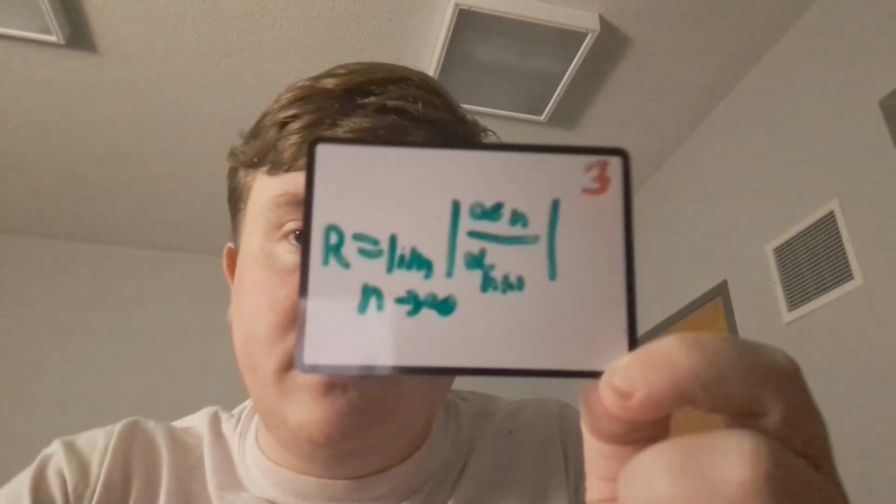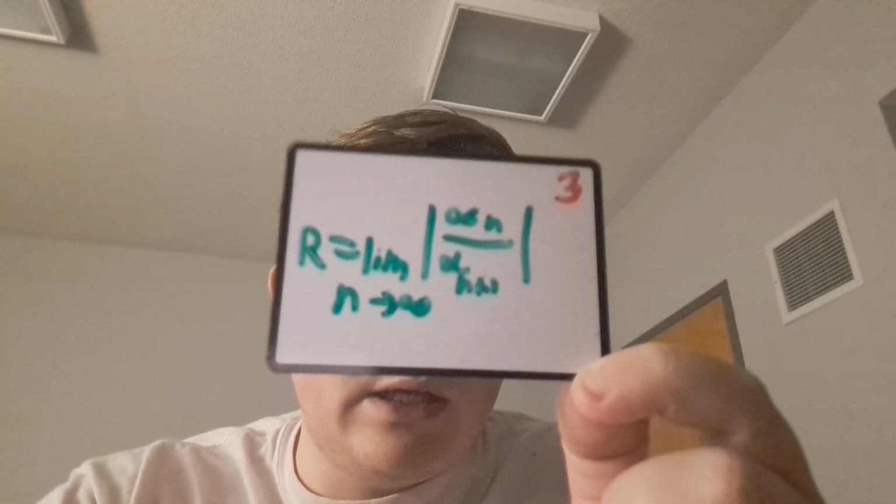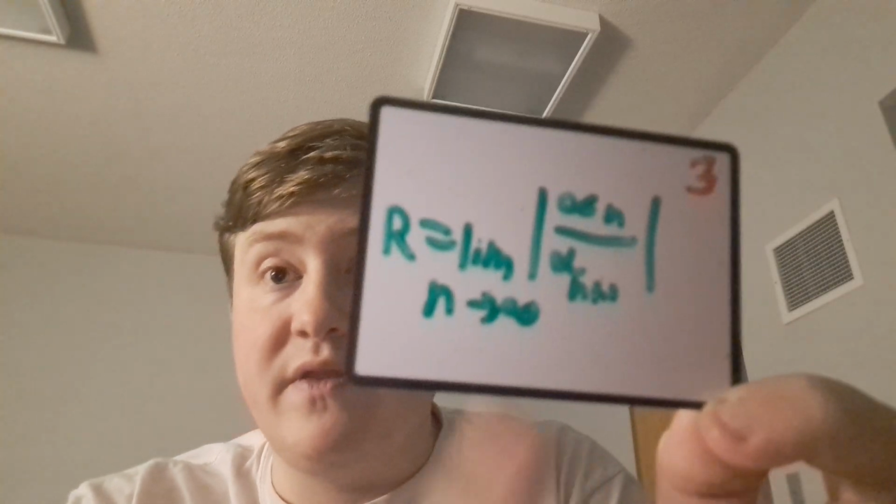The radius of convergence r of a power series, this is the original power series I showed you at the beginning, is equal to the limit as n approaches infinity of the absolute value of alpha n over alpha n plus 1, which I have right here to show you. This is what I just said. So we know r equals this, provided the limit exists. That's the key point. The limit has to exist for us to be able to apply this, okay?